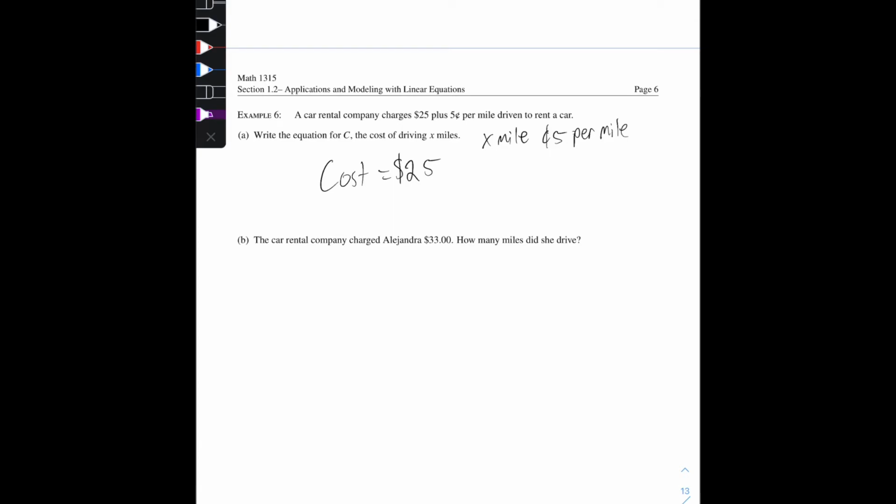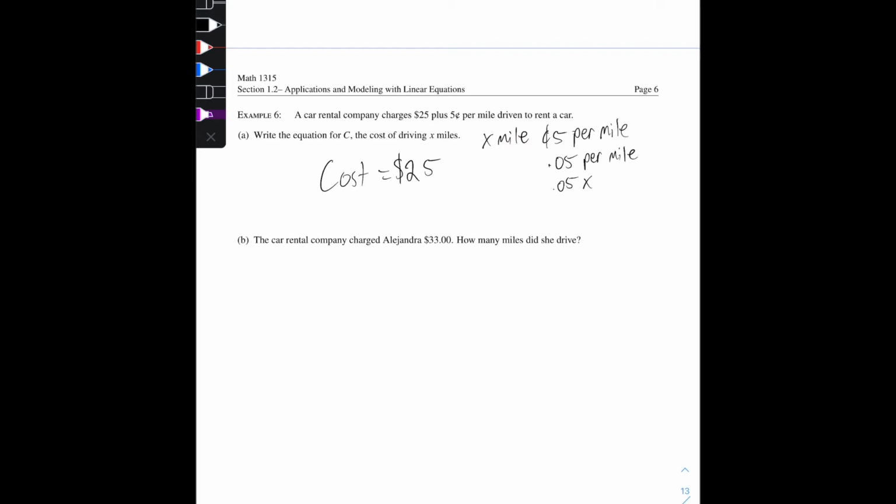Well, 5 cents written in just your standard dollar amount is going to equal 0.05. So 5 cents per mile. The thing that's going to be changing is our mileage. So we're not really sure how many miles we're given, but it can be represented as 0.05x, where x is going to equal the number of miles.